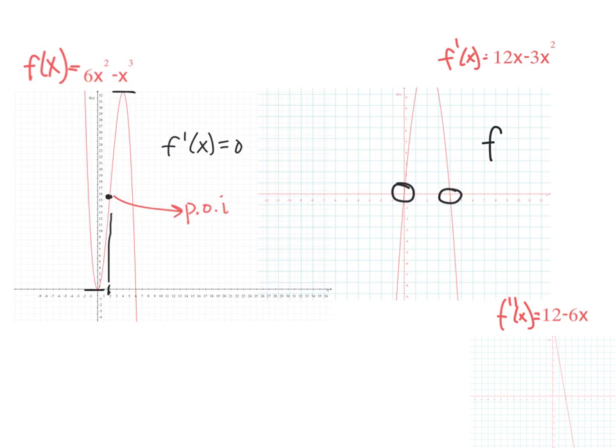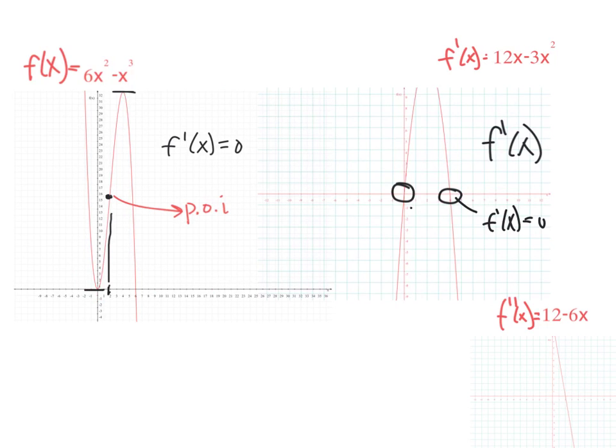Because this is a graph of f prime of x, and f prime of x is 0, y is equal to 0 right here and right here, which signifies horizontal tangents on your function. Horizontal tangent, horizontal tangent, because f prime of x is 0, y is equal to 0 there.